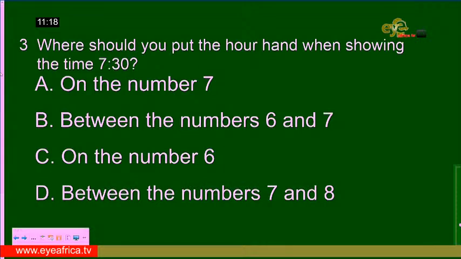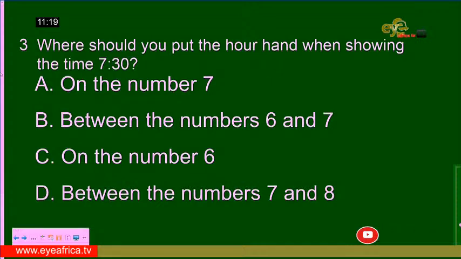The hour hand is the shorter hand. It should be between 7 and 8. That's what the question is asking you.